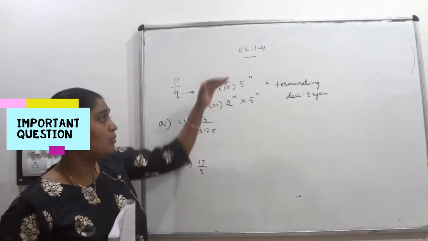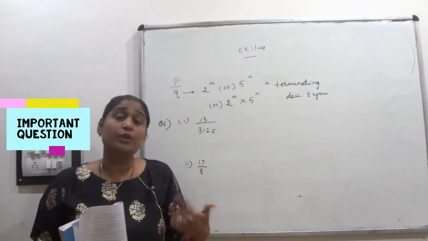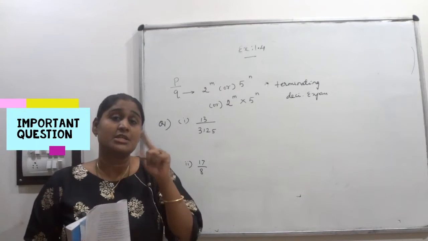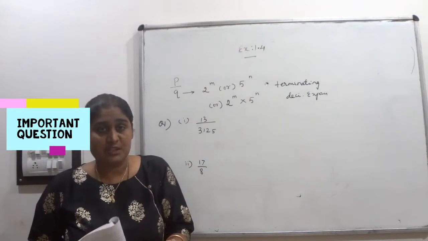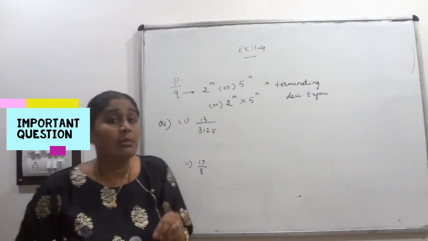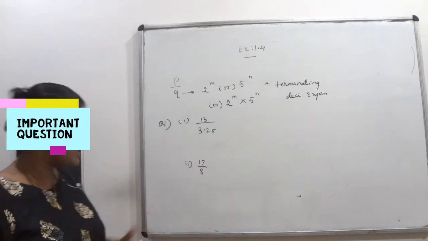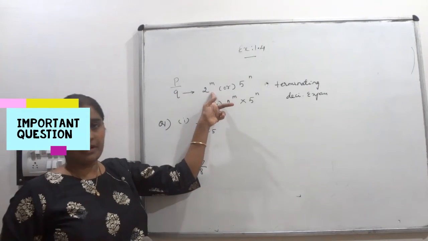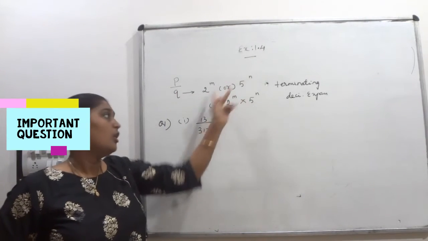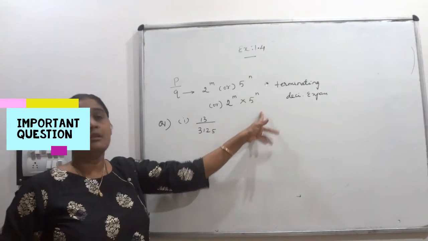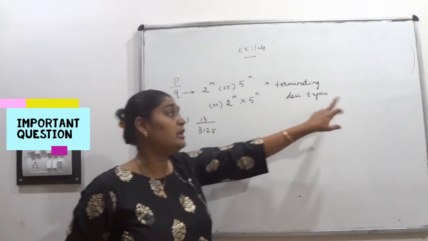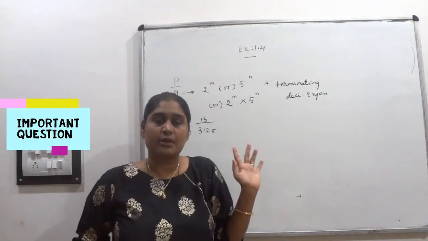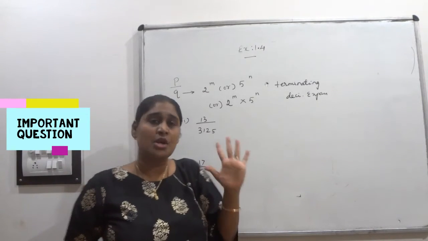That means without doing actual calculation, I am going to find out which fraction has terminating decimal expansion and which one has non-terminating but recurring decimal expansion. Already discussed, if the denominator is in the form of 2 power m or 5 power n or 2 power m into 5 power n, then I can tell that it is terminating decimal expansion. Otherwise, we can write it is non-terminating but recurring.